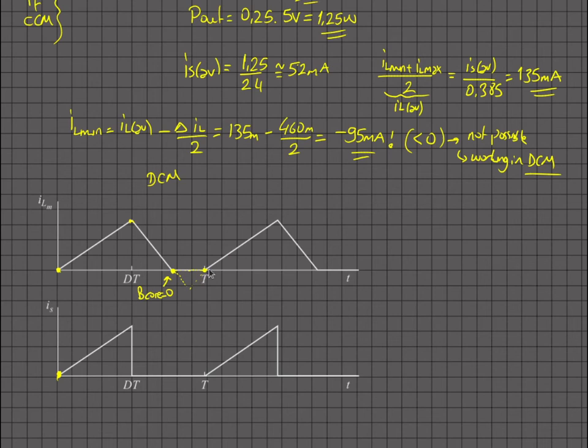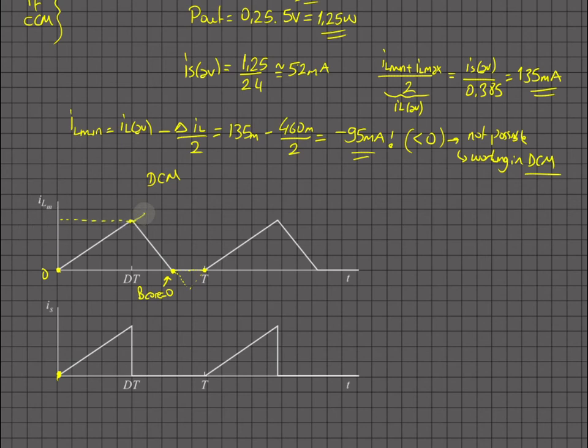So obviously that will affect our output voltage, and let's try to calculate the main parameters, and the output voltage. I know that is 0, so let's find that value.